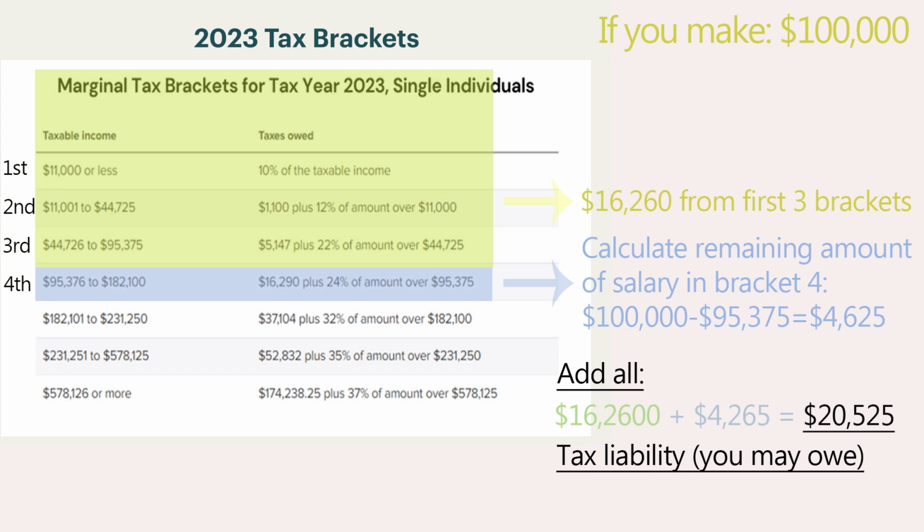The numbers between $44,726 and $95,375 are going to be subject to 22% tax. The remaining $95,376 to $182,100 is subject to 24% tax. And you can see here the math and how it's calculated.